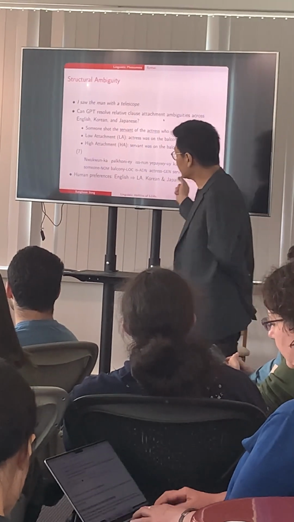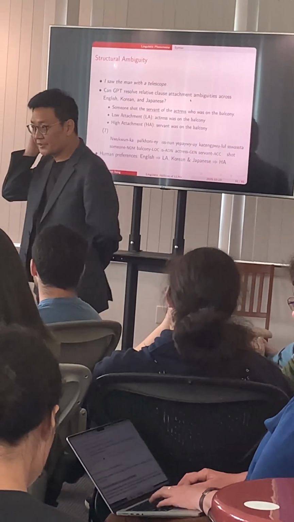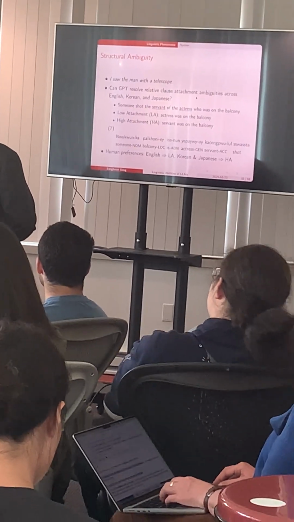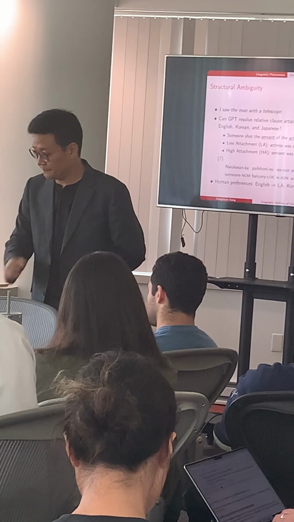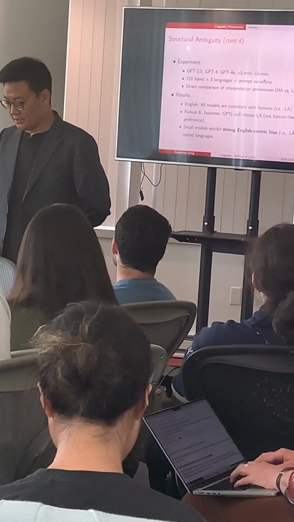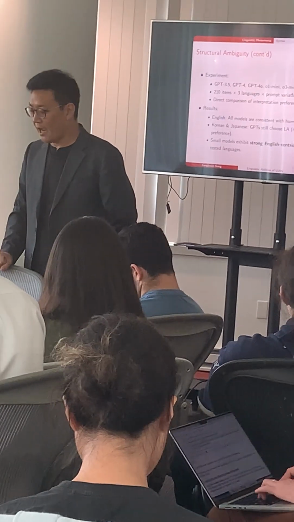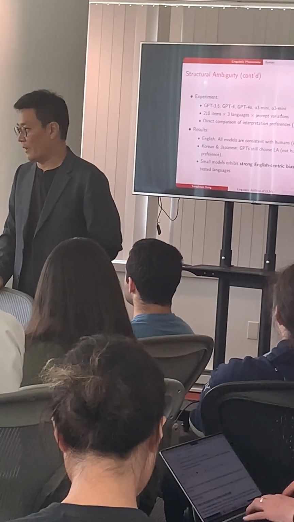So I asked large language models to understand that kind of ambiguity and what kind of meanings can be detected. The problem is that all GPT models still choose only low attachment, which is similar to the previous one.